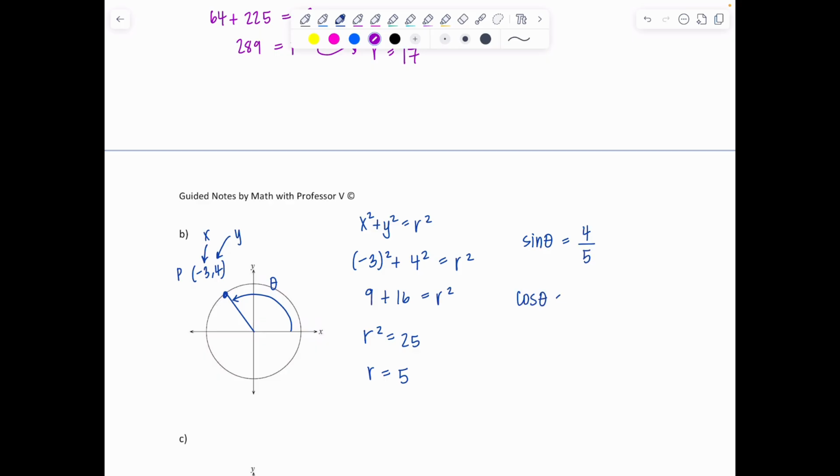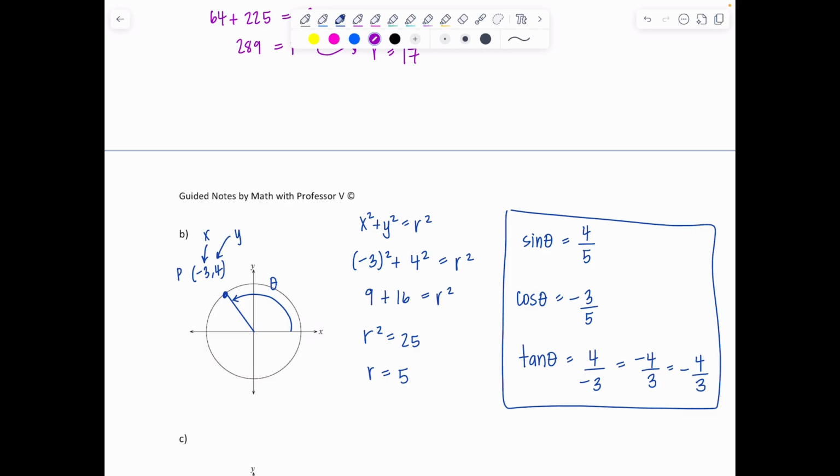Cosine theta is x over r, so -3 over 5. And then tangent theta is y over x, so 4 over -3. Now never leave a negative in the denominator for your final answer. Either move it to the numerator, or you could put it outside the whole fraction, but don't leave it in the bottom, okay? Promise? Oh, good.